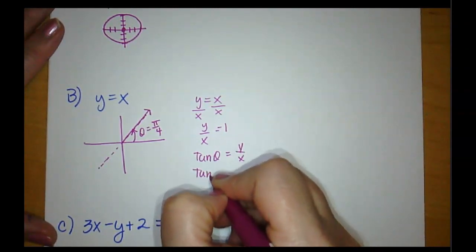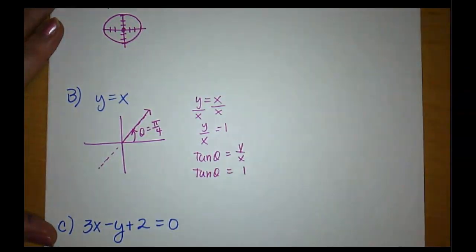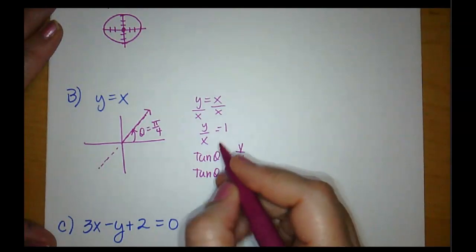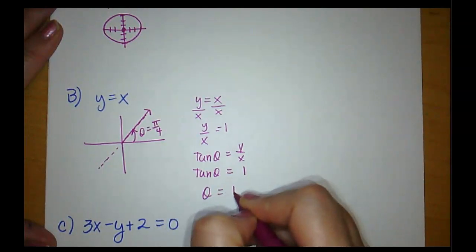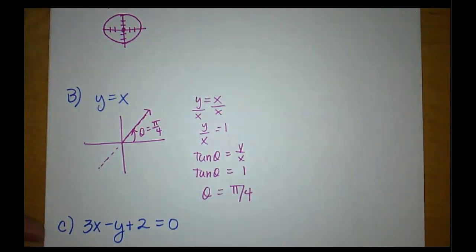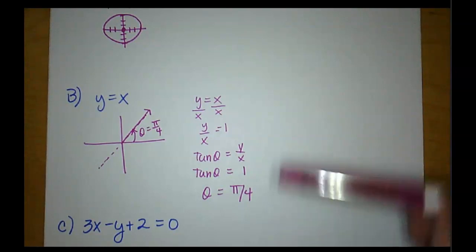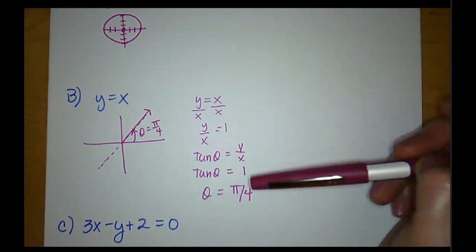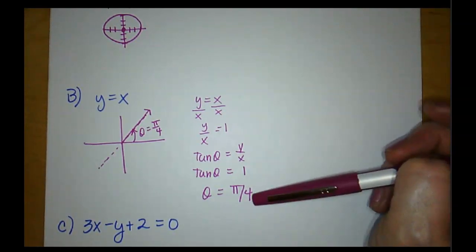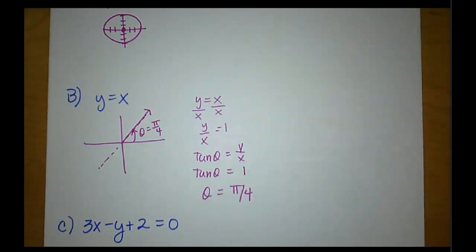So tan of theta has to equal 1. And which angle has a tangent value of 1? That is when theta equals pi over 4. And so that is actually my conversion. So I manipulated to get to this so I could get to my statement so I could get to my angle. So B is pi over 4.